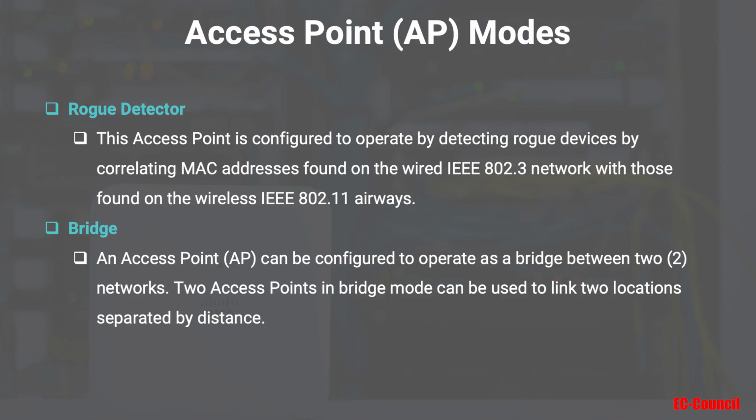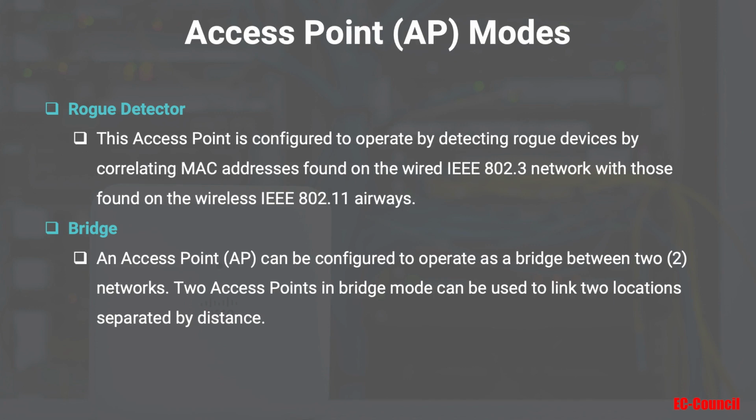Cisco access points can operate in rogue detector mode. In this mode, the access point is configured to detect rogue devices by correlating MAC addresses found on a wired Ethernet network, defined by IEEE 802.3, with those MAC addresses found on an IEEE 802.11 wireless network.